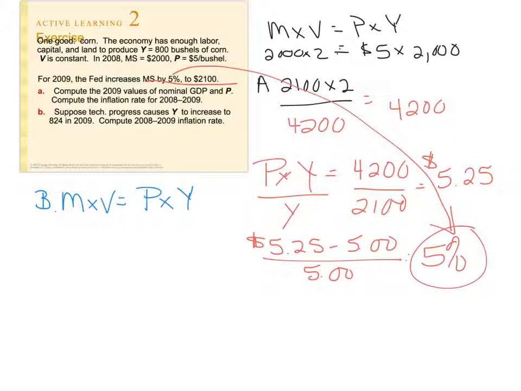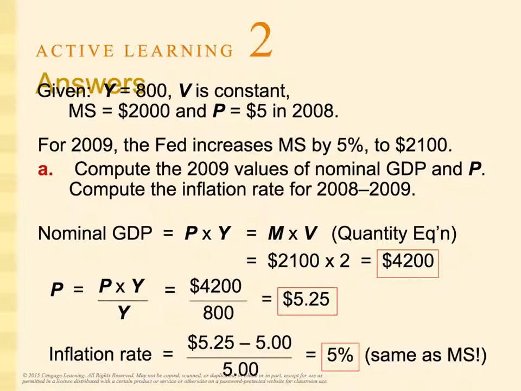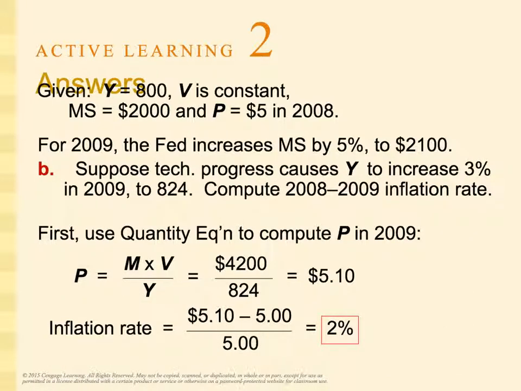So if we say that the Fed increases the money supply by 5% over here, and GDP increases 3% over here, then what must the price level have been? An increase of 2%. So we can kind of logic these out as well. So again, just kind of checking our results, and we see that we had previously.